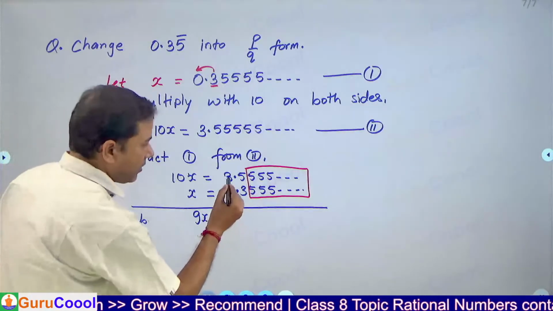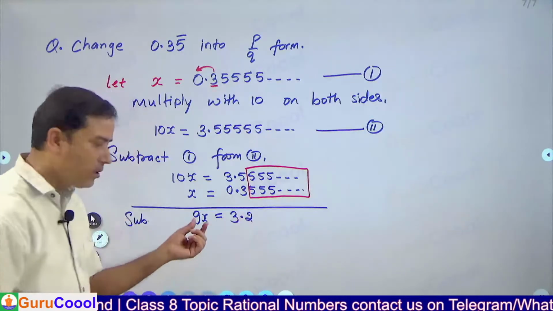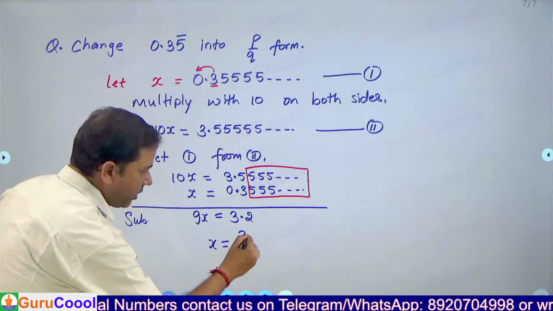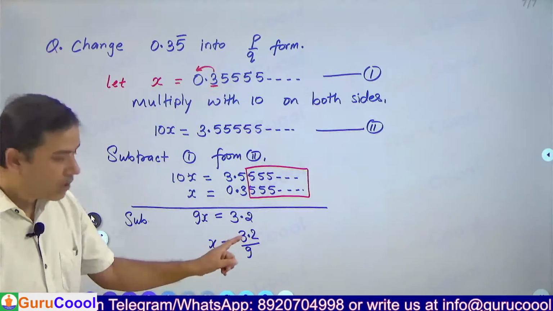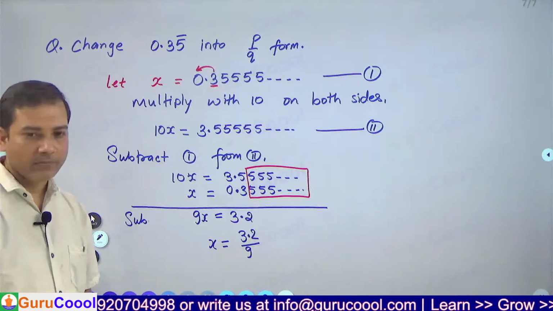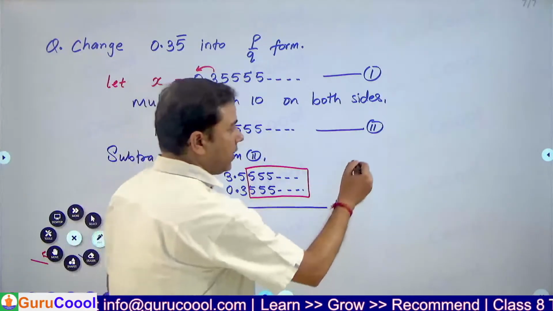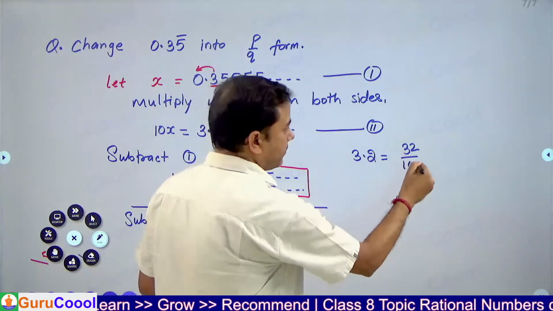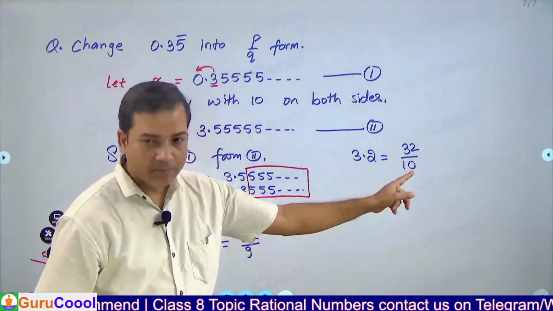Good. 3 minus 0 is 3, decimal 5 minus 3 is 2. So we got 9x is equal to 3.2, so x is equal to 3.2 divided by 9, and now we have to remove the decimal from the top. 3.2 means 32 by 10, because for one digit after the decimal we put 10.